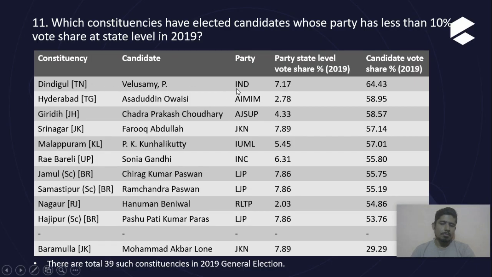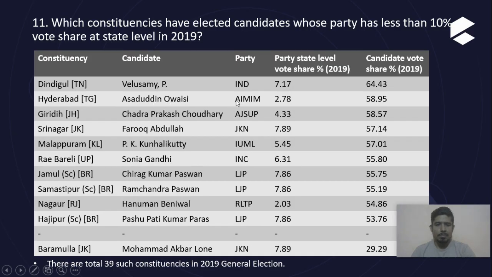By the way, this IND is independent, so Velusamy contested in the election independently, but all the independent candidates in total received only 7.17% of the total votes of Tamil Nadu. Considering one more example to understand these numbers, Hyderabad constituency of the state Telangana gave 58.95% of the total votes of Hyderabad to Asaduddin Owaisi.